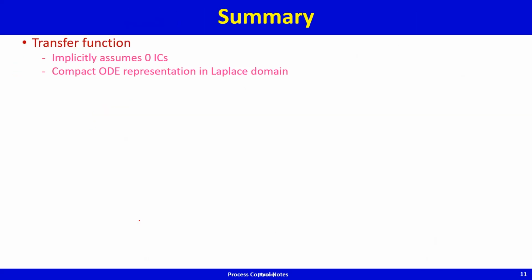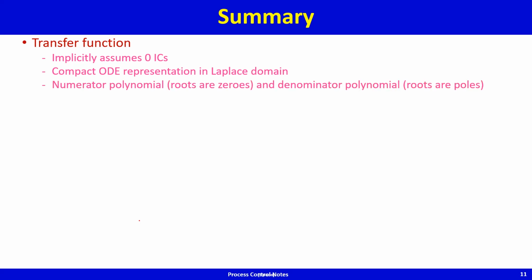So in summary, the transfer function implicitly assumes 0 initial conditions in the governing ODE, and it is a compact representation of the ODE in the Laplace domain. The numerator polynomial of the transfer function and the denominator polynomial of the transfer function constitute the complete transfer function.